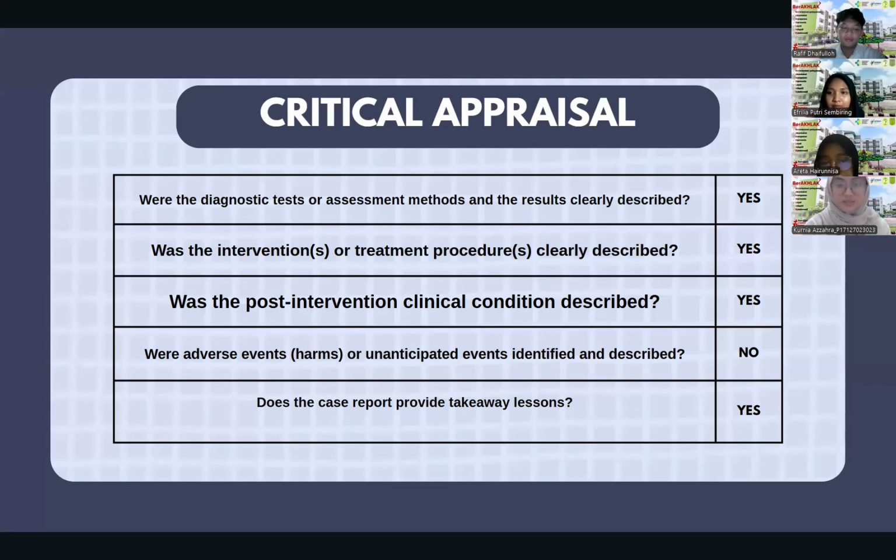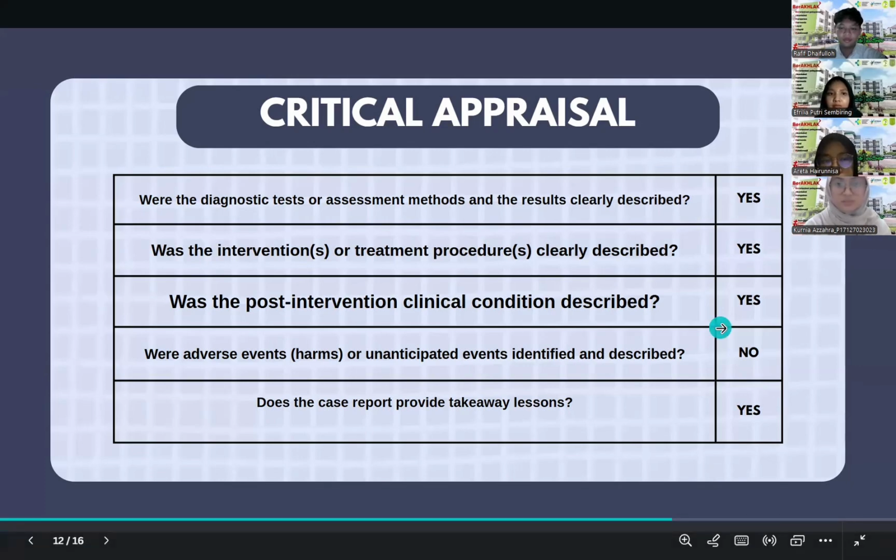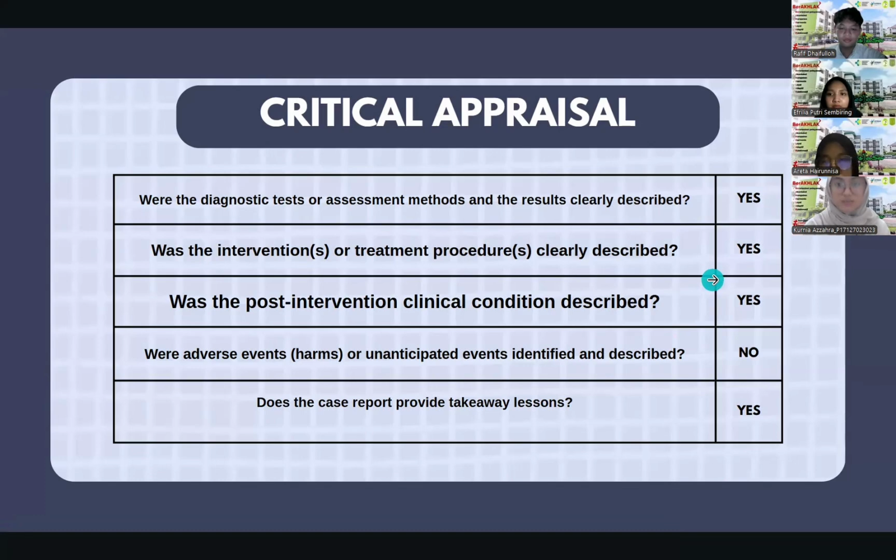diagnostic tests or assessment methods were clearly described, because the gait analysis, the radiographs, arch height index, and strength tests are explained well. And next, the interventions or treatment procedures were clearly described, because the use of three types of AFOs and the physical therapy program are fully described. And next, the post-intervention clinical condition was clearly described, because the outcomes with each orthosis are explained, including kinematic results and follow-up report.